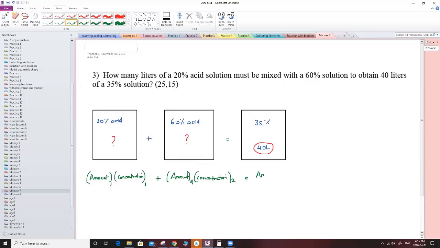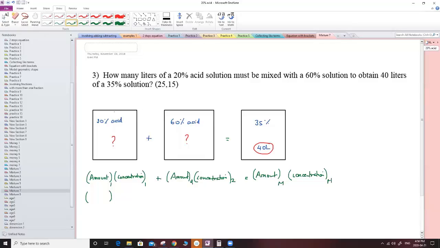So the amount of mixture times the concentration of this mixture. Let's see what's known and what's unknown. The amount here is not known, I have no idea about it, but I know the concentration, 20%.